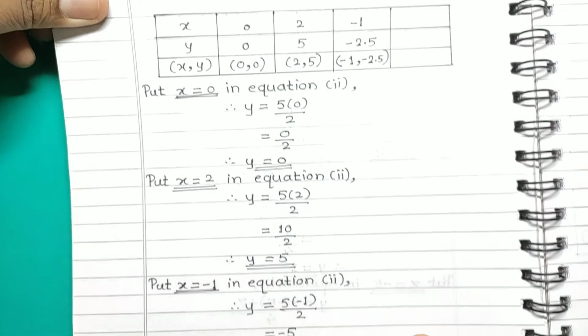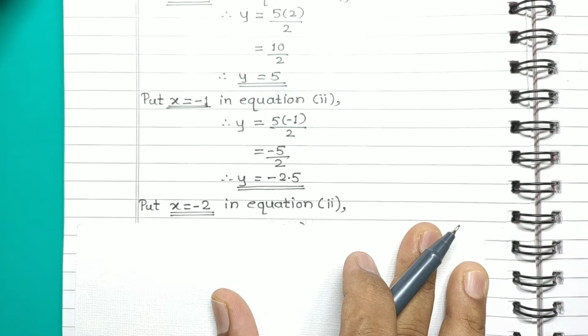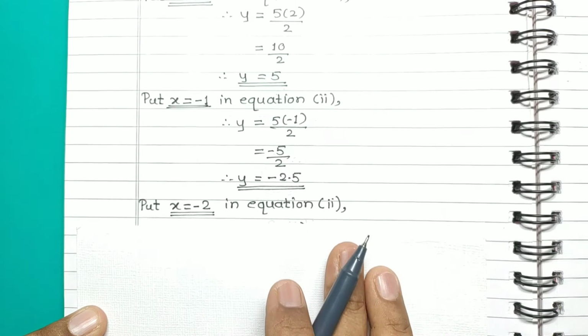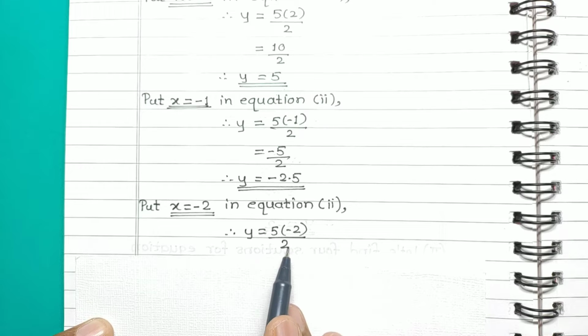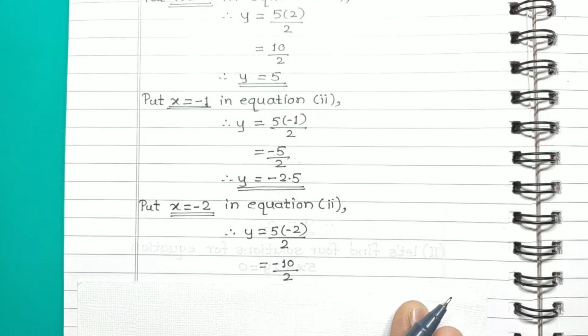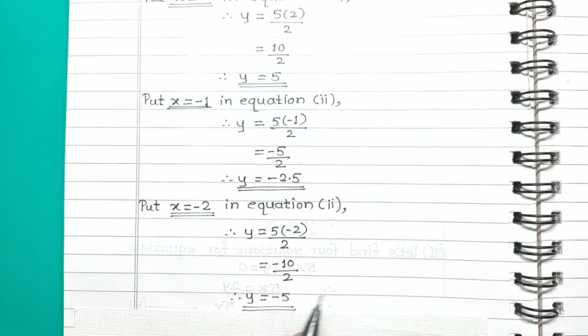Then for the last ordered pair, put x is equal to minus 2 in equation 2. So we have y is equal to 5 into minus 2 upon 2, and therefore it is minus 10 by 2, and so we have y is equal to minus 5.